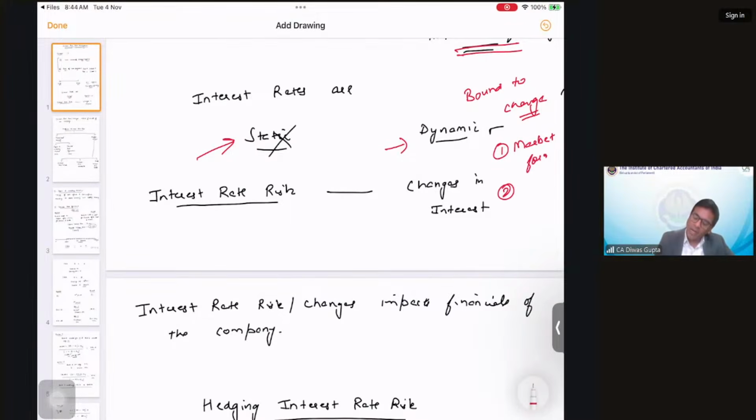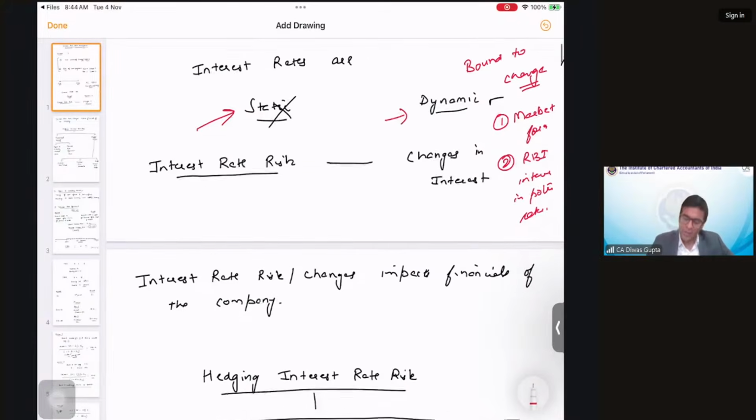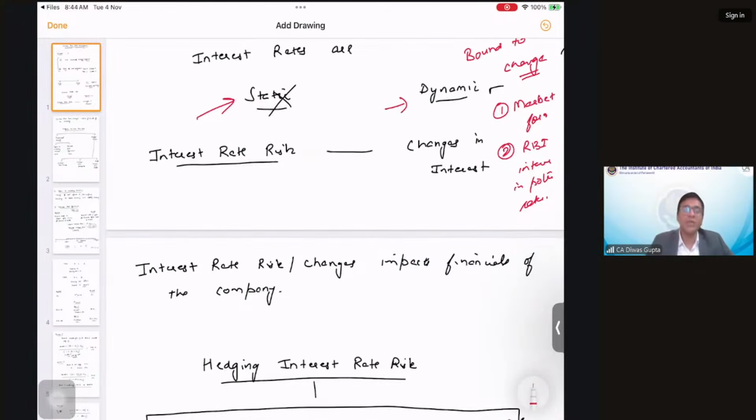Second, RBI's intervention in policy rates, right? That keeps on changing the interest rates. So all these situations lead to different interest rates. Now that is where it leads to the interest rate risk. Correct? The risk is that there is a change in the interest.